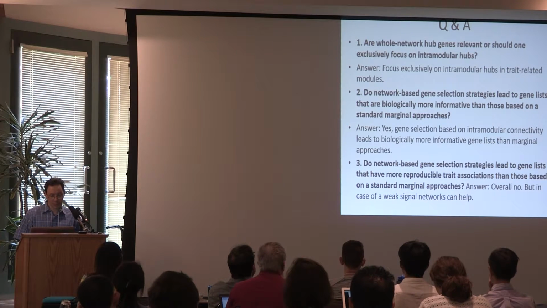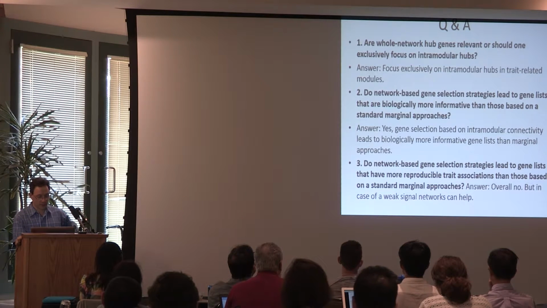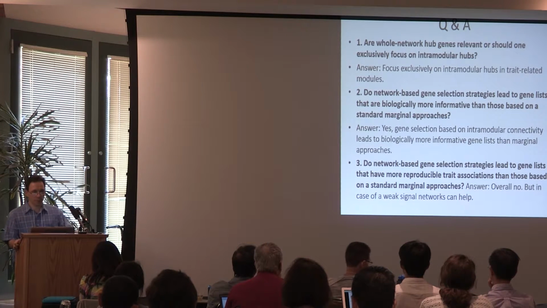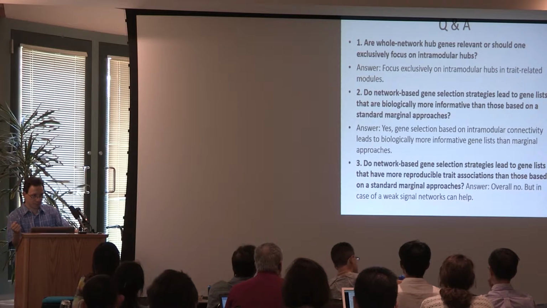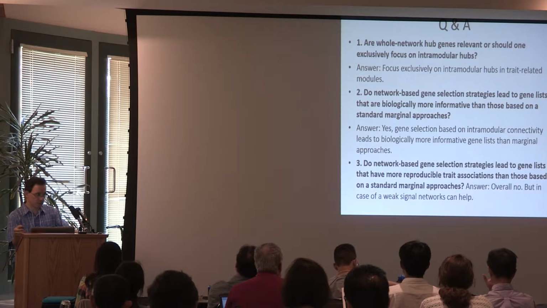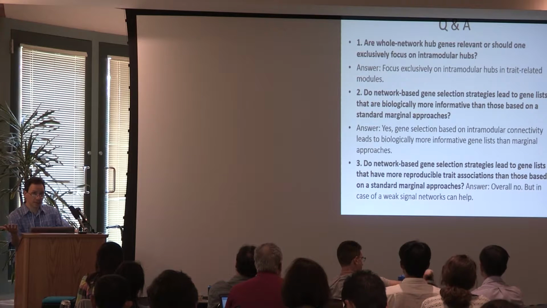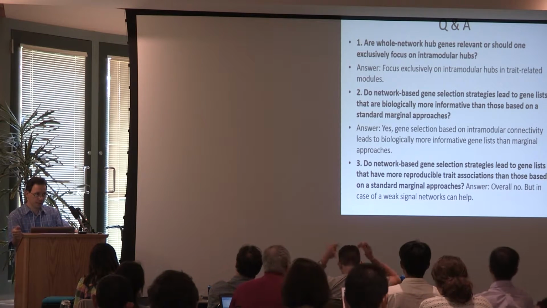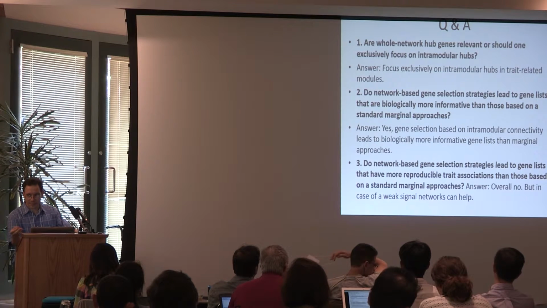But let's come to question number 3. Do network-based gene selection strategies lead to gene lists that are more reproducible than those based on standard marginal analysis? The answer is overall not necessarily. What do I mean by that? Imagine you want to develop a biomarker for a disease. You want a biomarker that predicts whether a woman has a breast cancer recurrence. Then what do you care about?